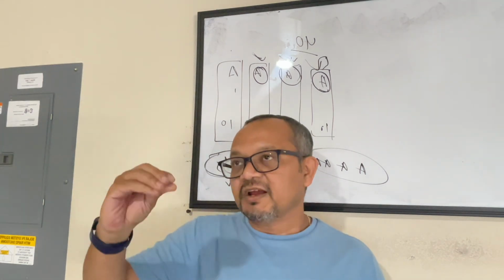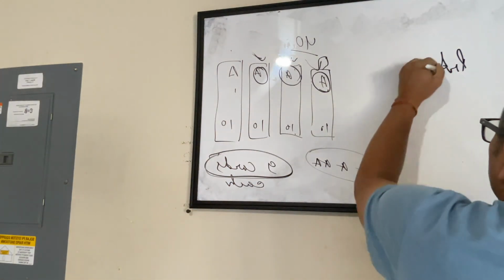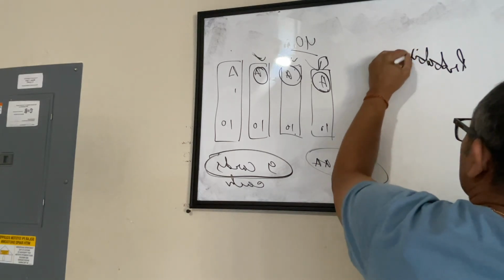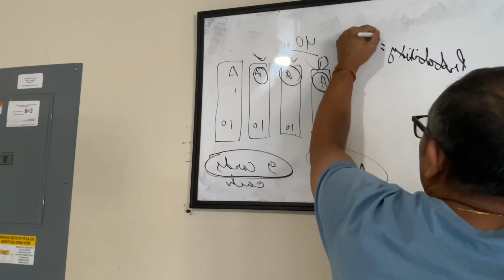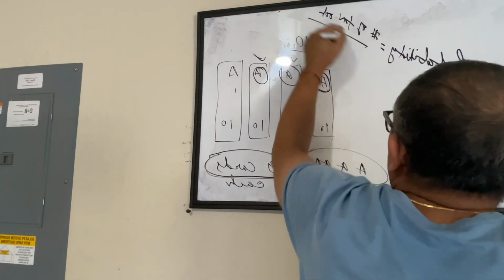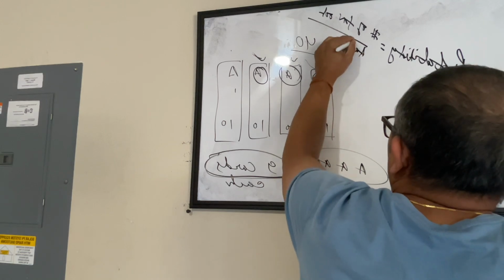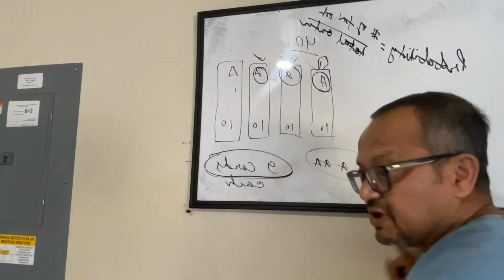So you divide the total number of favorable outcomes by the total outcomes. Probability equals number of favorable outcomes by total outcomes. That would be our going-in position.